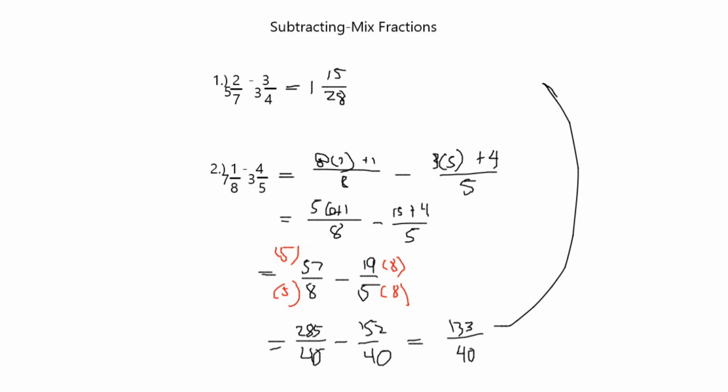And let's just transform this into a mixed fraction again. So 40 times what number? 40 times 3, let's try it. So 120. So it's an exact number. So we're just going to put 3 there, 40 as our denominator. Subtract 133 and 120.